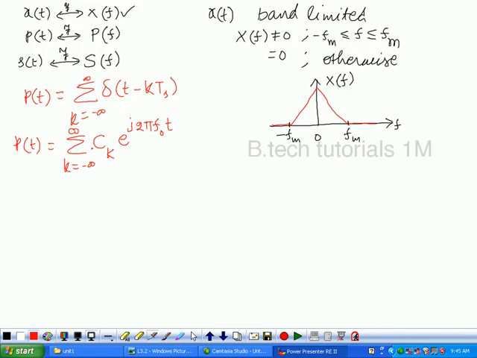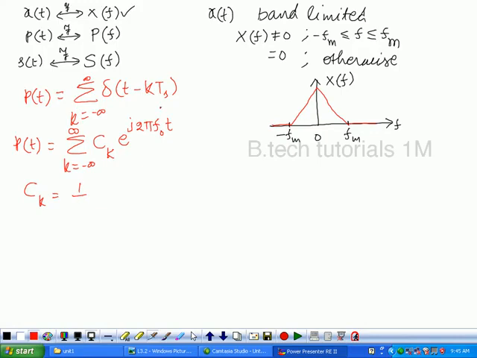The Fourier series representation of a periodic signal. See, here p of t is a periodic signal. The Fourier series representation of a periodic signal is given by the sum from minus infinity to plus infinity of ck e power j omega naught t. So instead of omega naught, I have written 2 pi f naught. Understood? What is ck here? ck is 1 by T naught.